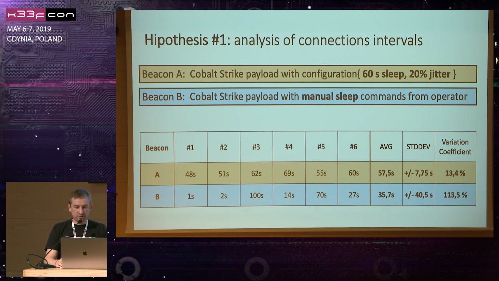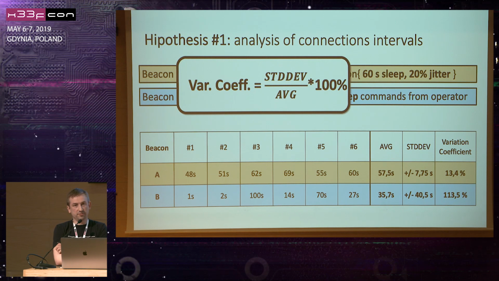And this is a very simple math because the coefficient of variation is just the standard deviation divided by the average as the percentage of it. So we can find if the data are diverse in a more or less extent.